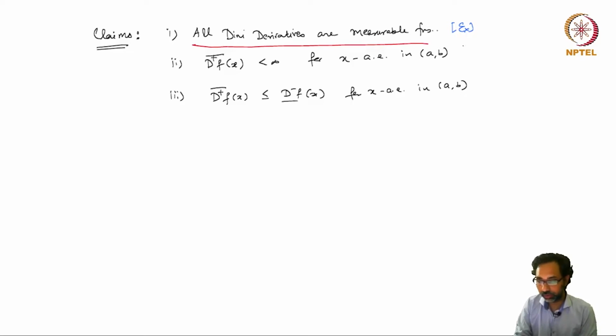This is not so difficult, and I leave it to you as an exercise. The second one claims that the upper Dini derivative, the lim sup for the positive part, is finite almost everywhere in (a,b).